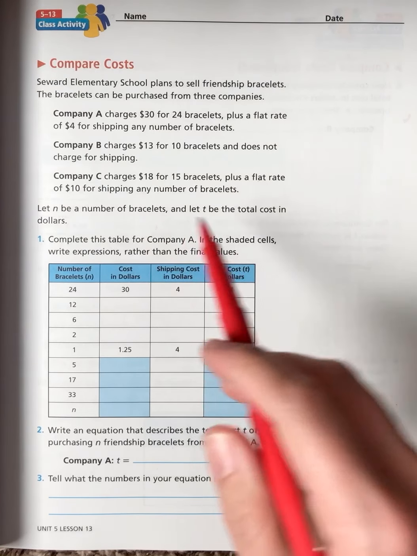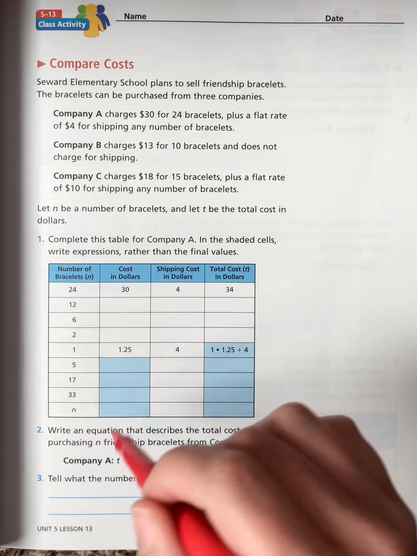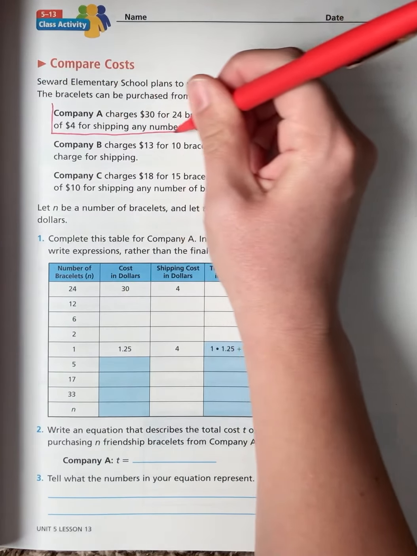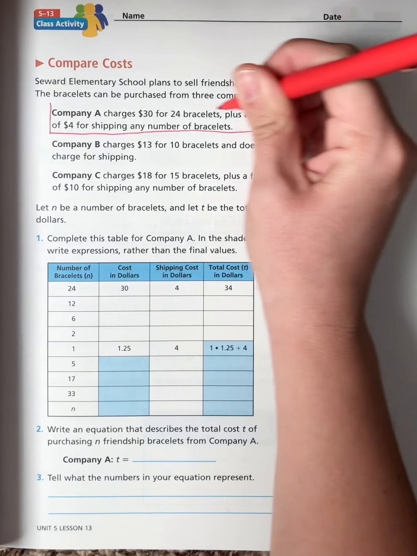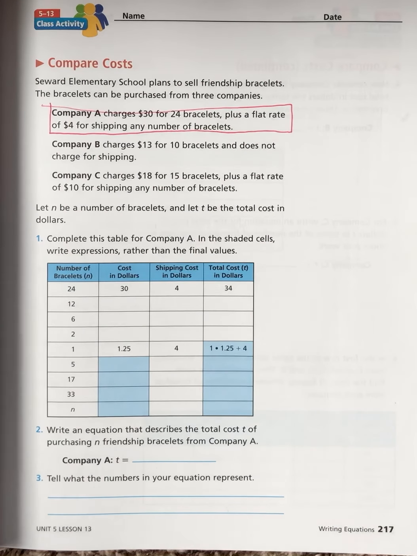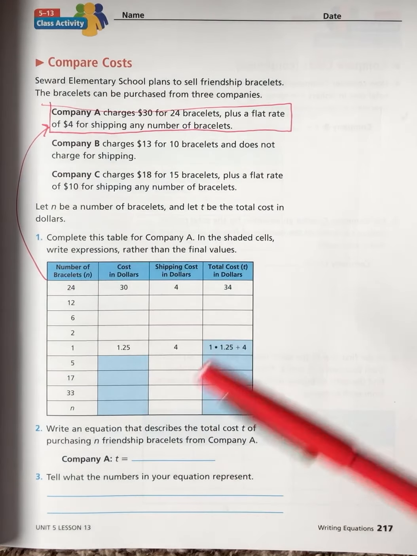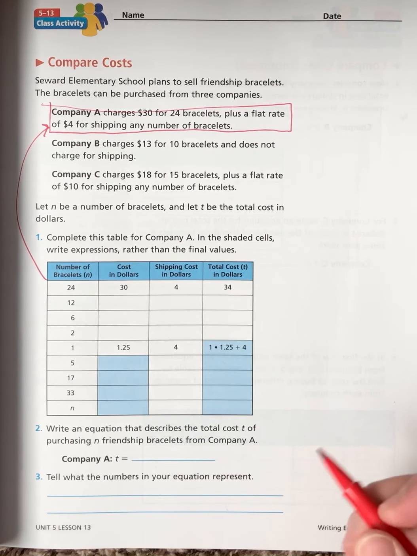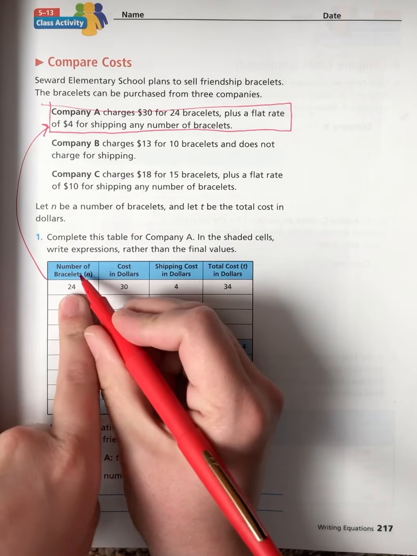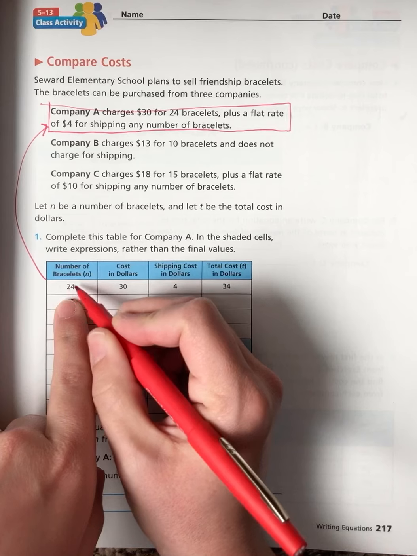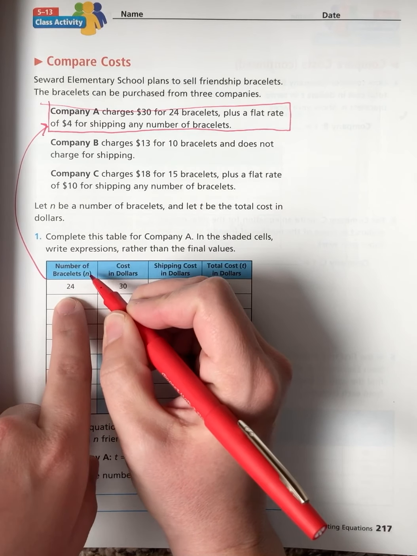In our table for number one, we're only going to be looking at company A's information. We'll look at company B and company C on our next page, but this table is all about company A, so keep that in mind. For the number of bracelets, they tell us you can get 24 bracelets, and they're going to call that variable n.